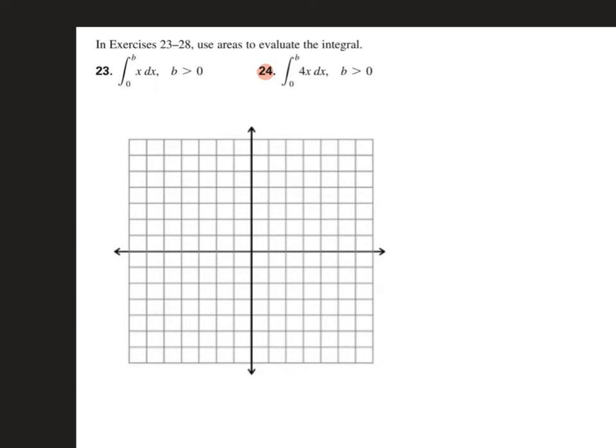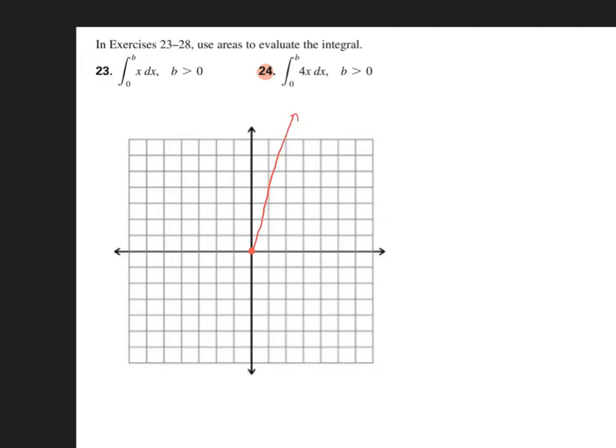Okay, so we want to go from 0 to something, right? We can at least plug in 0 into the function to see that (0, 0) is a point on the function. And b is some positive number. We don't know, you can stop anywhere. Let's say this is 4x, so we know it'll have a slope of 4, and you have to stop somewhere. I'm just going to draw the line.